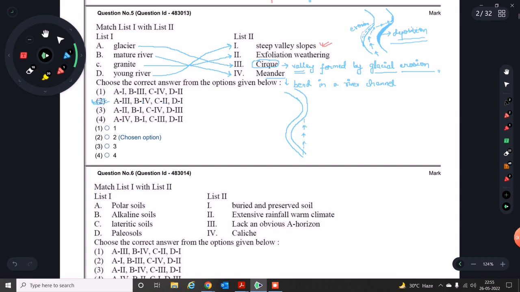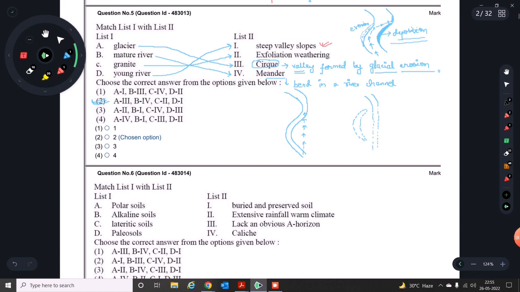It will want to take the shortest path, and with continued erosion, it will take the shortest path. What it will do is, now the river will be like this. Now the river will start flowing like this, and this part will get cut out completely.